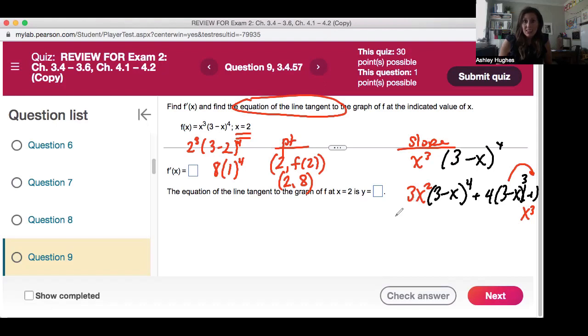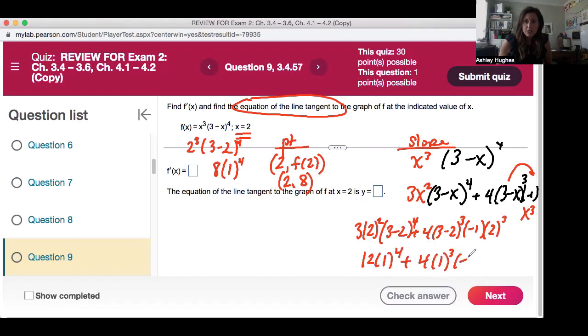And then I need to plug in 2. So 3 times 2 squared, 3 minus 2 to the 4th plus 4 times 3 minus 2 cubed times -1 times 2 cubed. So we got 2 squared is 4 times 3 is 12. That's 1 to any power is 1. 1 again times -1 times 2 cubed is 8. So I have 12, and then this is going to be -32. So 12 minus 32 would give us -20.